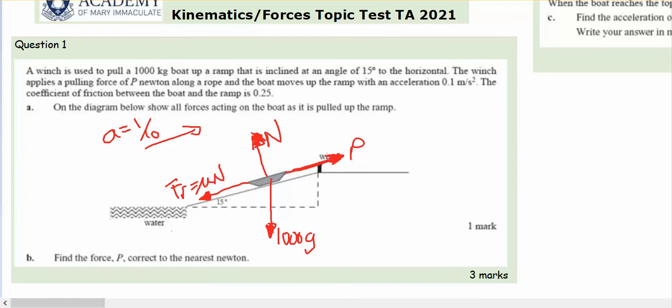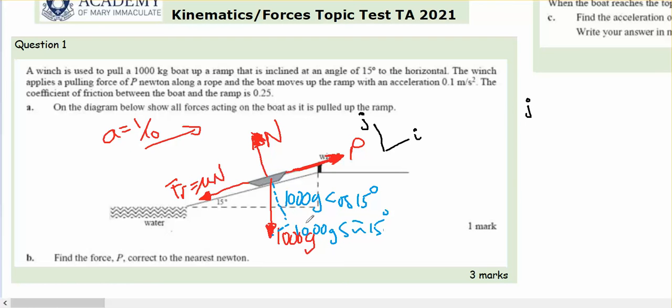What I'd like to do is break my weight force into 2 forces. One which is 1,000 G cos of 15 degrees, and the other which is 1,000 G sine of 15 degrees. And I would like to consider forces in the I and forces in the J. In the J, there is no acceleration whatsoever, so N equals 1,000 G cos of 15 degrees.